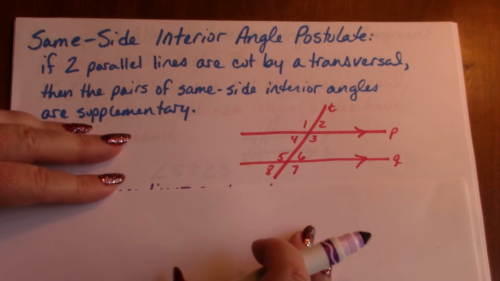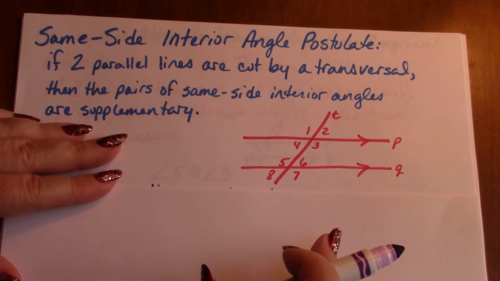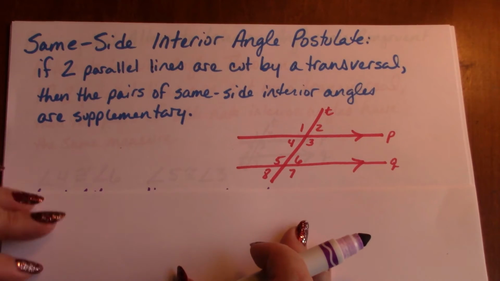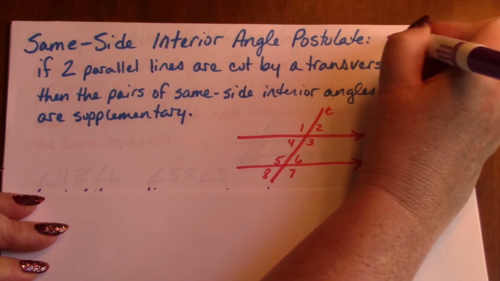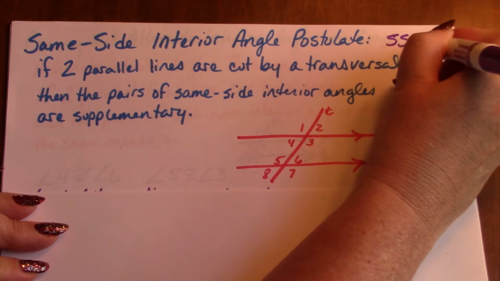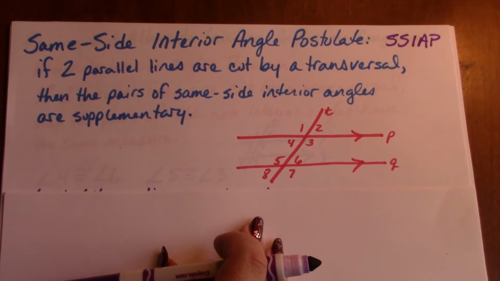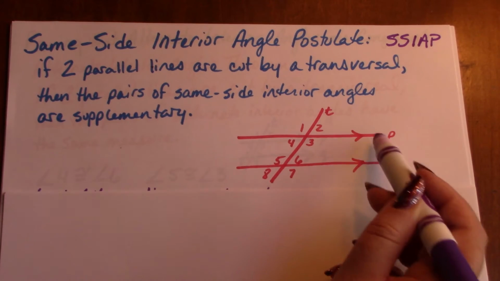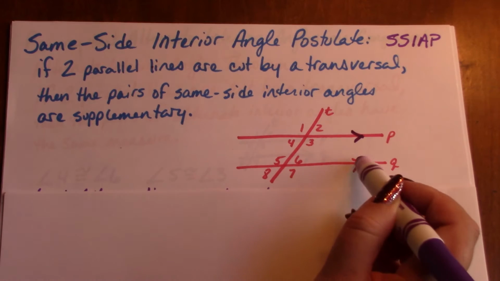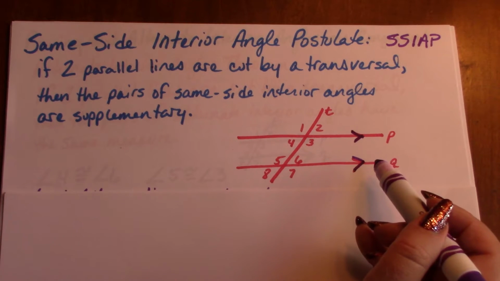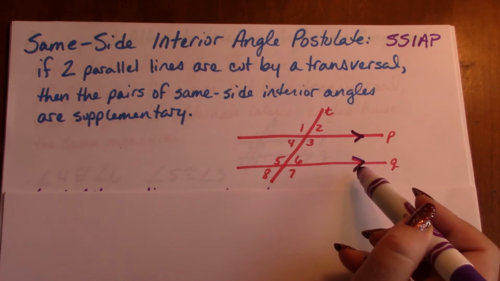We have a same side interior angle postulate, and we will refer to this a lot. We're going to shorten it to the same side interior angle postulate when we write about it in our proofs. If two lines are parallel, and by putting these little arrows here, we say that they're parallel. This is the shorthand diagram version.